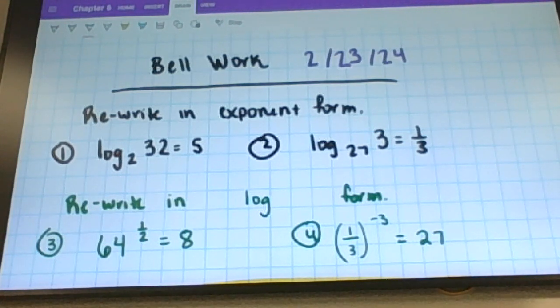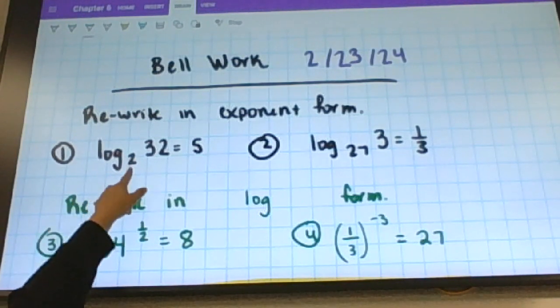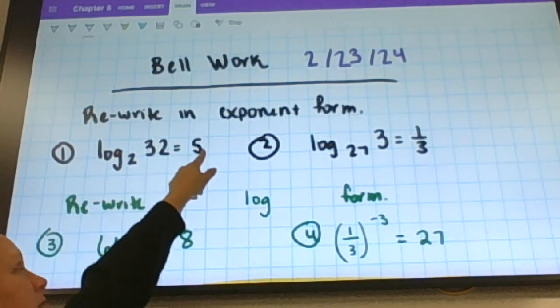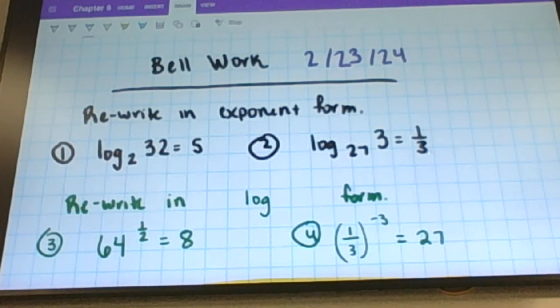So you have your number, your base 2, exponent 5 is 32, and then you should always question it. Did the way I write it come out true?